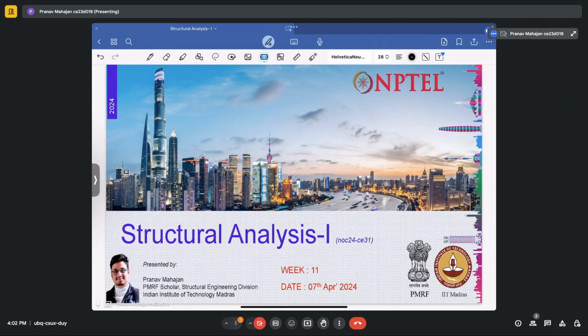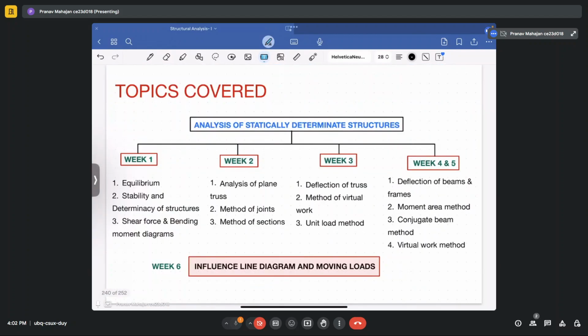So let's recap what we have covered from week 1 till week 10. First of all, we started with the analysis of statically determinate structures, wherein in week one we started with defining the reaction forces in beams, frames, and trusses, and how to determine them.